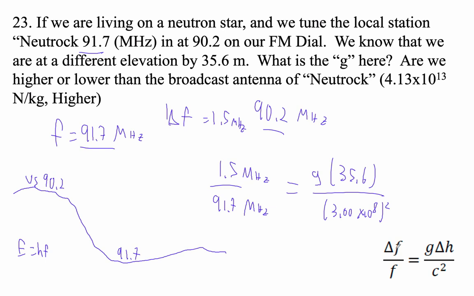And I get 4.13. Really, it would be 4.14, I think. I get 4.135. So I'm going to go 4.14 times 10 to the 13th. And that is newtons per kilogram.